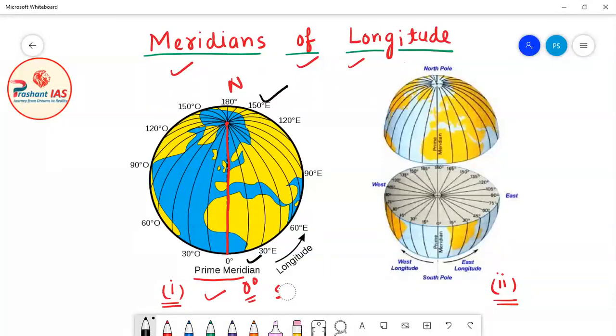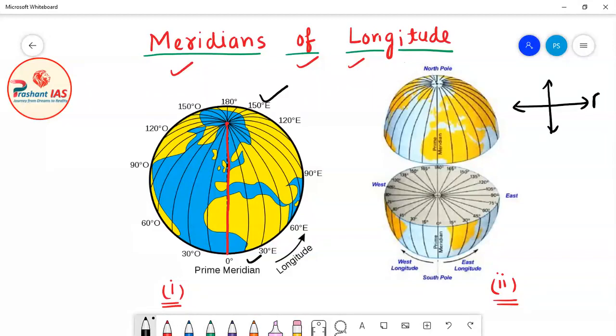Now friends, remember, in the previous classes I explained to you how to identify the directions. So here I am drawing the directions on the screen. Kindly see on the right side of the screen.